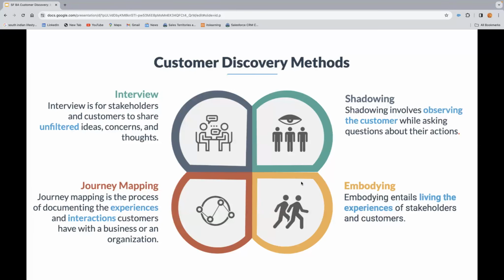Today we are going to look into how the business analyst for Salesforce can approach the customer discovery point of view.